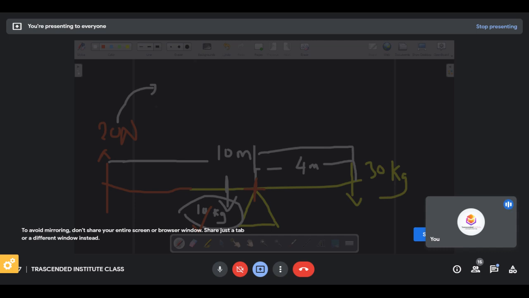Is it negative or positive? Negative. So the torque is going to be force multiplied by the radius, and it's negative. What is the radius? 6 meters. Since we know the total is 10, it's going to be 6. What's the angle?